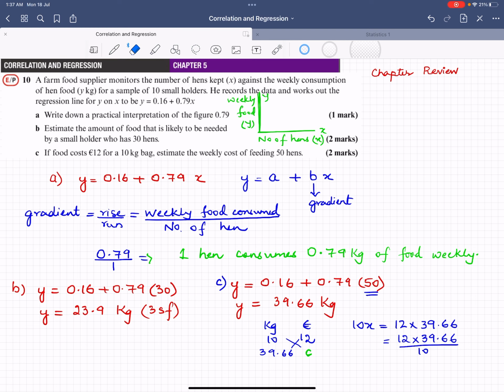So here also I will change it to c, and now the total cost c is equal to 47.59 euros, and that is the answer to part C.